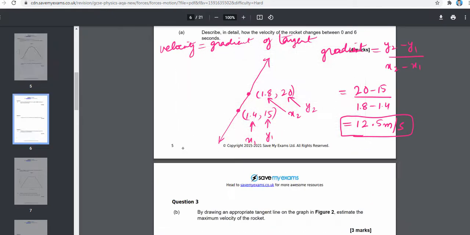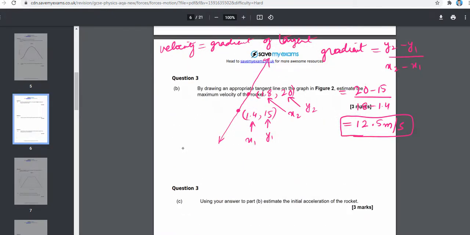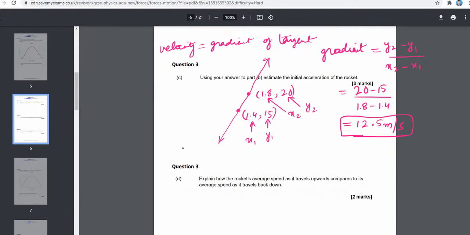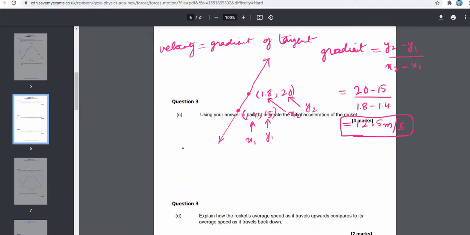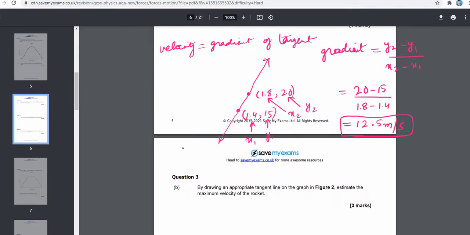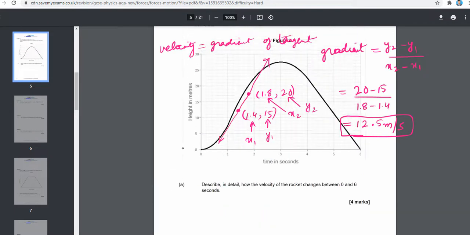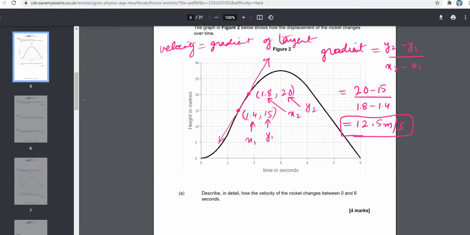Now let's see what's in part C. It says, using your answer to part B, estimate the initial acceleration of the rocket. So we have to find out the initial acceleration of the rocket. As I told you, acceleration is equal to change in velocity over change in time.